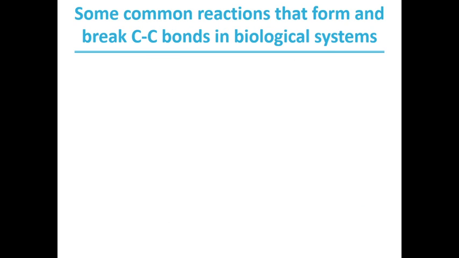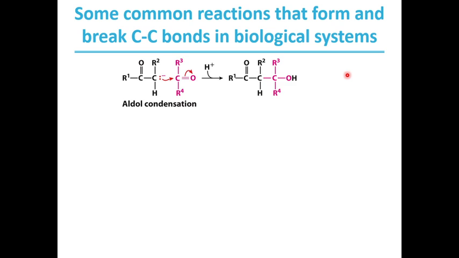Let us consider some common reactions that form and break carbon-carbon bonds in biological systems. The first example is aldol condensation. In this reaction, a carbanion from one molecule attacks the carbonyl carbon of the next molecule to form an aldol product.